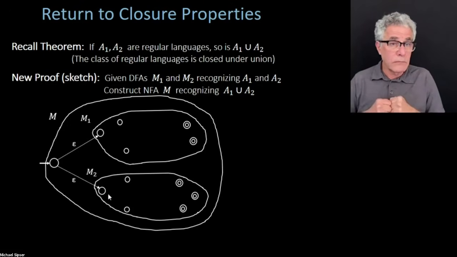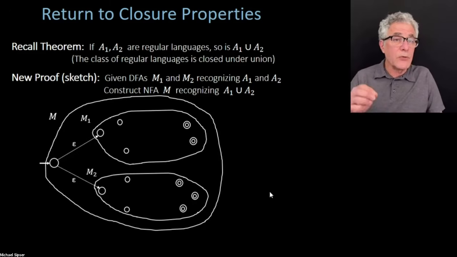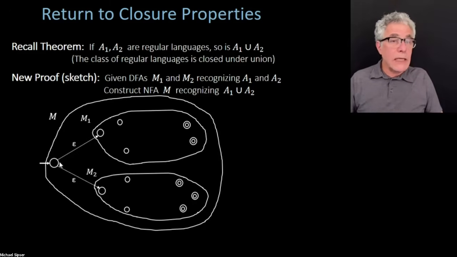And we're done. Why? Well, now, non-deterministically, as we get an input W coming in to M, at the very beginning, the very first thing that happens is it's going to branch to M1 and also branch to M2 non-deterministically as two possibilities.